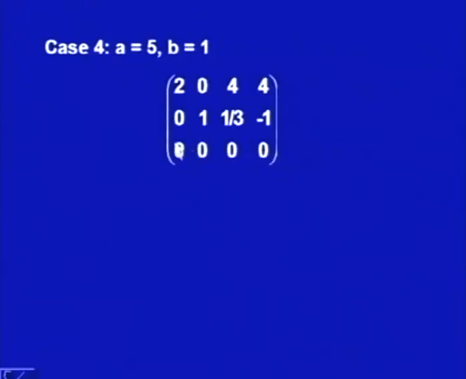Now, let us see what is the rank of the coefficient matrix. It is not 3, that is clear, but this matrix has a non-zero determinant. So the rank of this coefficient matrix will be 2, and similarly, if you consider this complete matrix, the rank of this augmented matrix will also be 2.